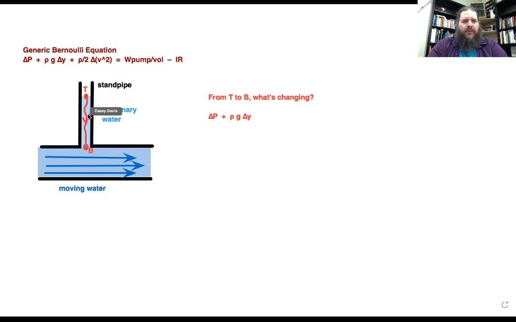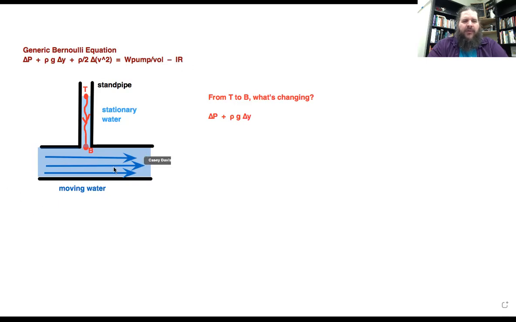What do we know about all the water in the standpipe? It's not moving. Right. So that means we can ignore speed entirely. There's no change in speed because this entire body of water is not moving. And is there a pump in the standpipe? No. So we can ignore that term.